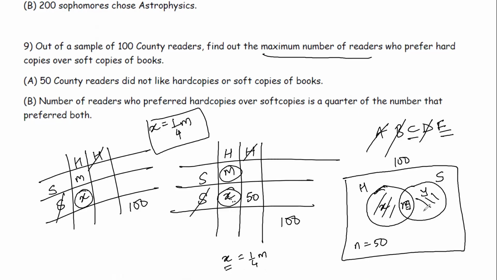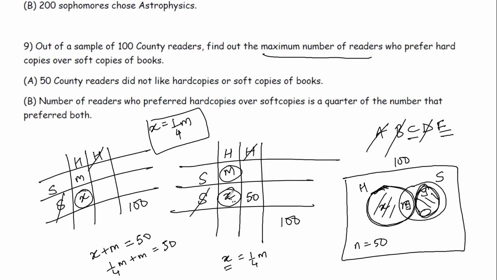If we take this region as 0, then everything out here is 50. X plus M becomes 50. That's the only way we'll get the maximum, right? Maximum number of readers who prefer hard copies over soft copies. So X plus M is 50, X is 1/4 M plus M is 50.